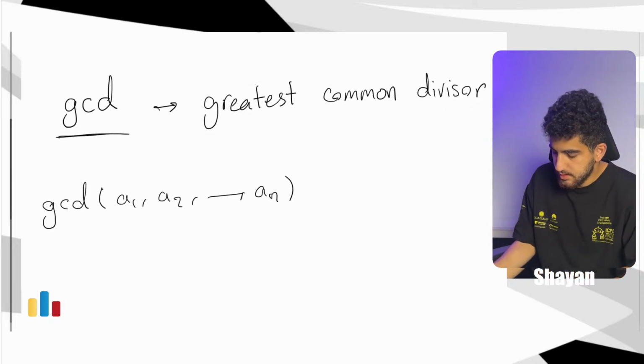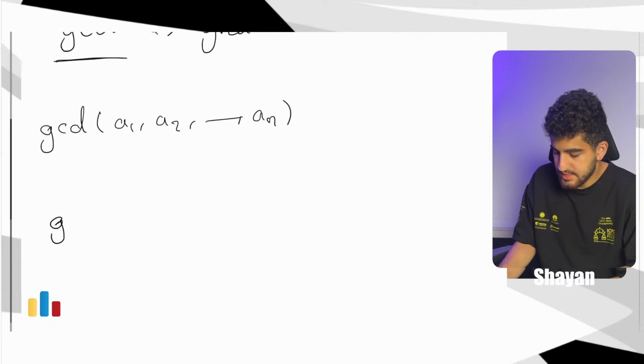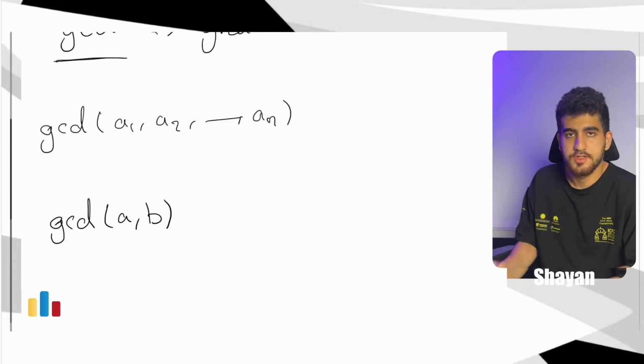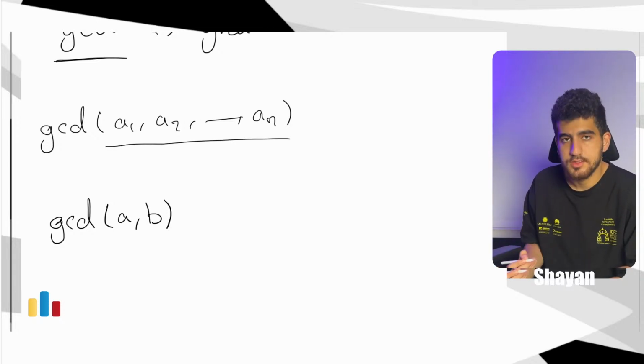So in particular, as I said, most of the time we use two numbers in GCD. For example, we say GCD of A and B, but as I said, we can also give this function more than two numbers.